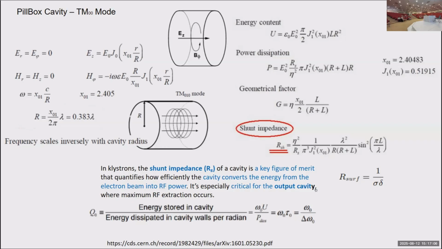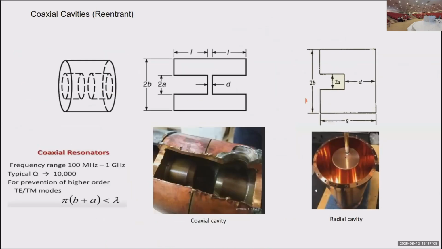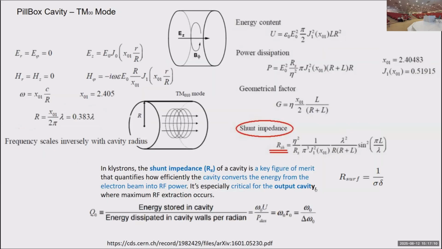And this is another factor, the geometrical factor. From the solution of power dissipation and energy content, divided by 2, you are going to get the quality factor.